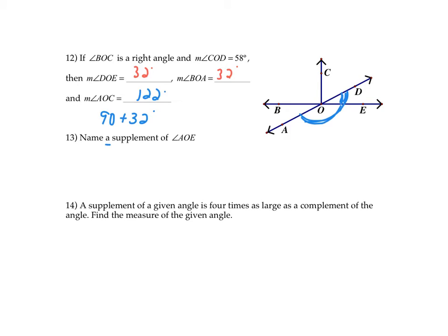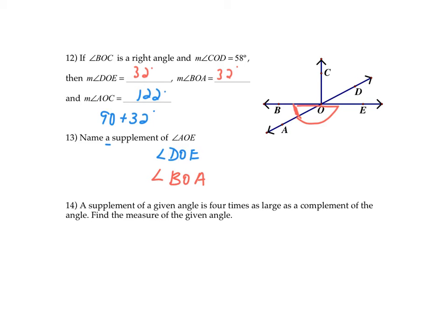One supplement of angle AOE could be this angle, angle DOE. You could also look at this in the other direction, and we have angle AOE and angle BOA. They would form this straight angle. You only have to name one, and you only have to name it one way, so you don't have to list it as angle EOD or angle AOB.